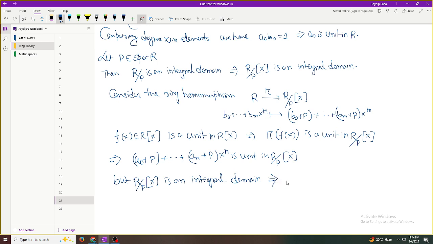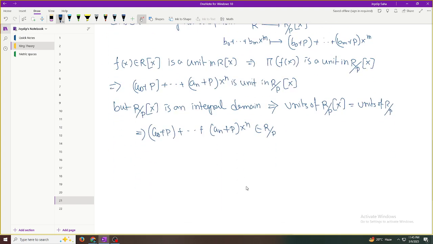This implies units of (R mod P)[x] equals units of R mod P. This implies all x degree terms should lie in R mod P, so the coefficient of all x terms should be 0.